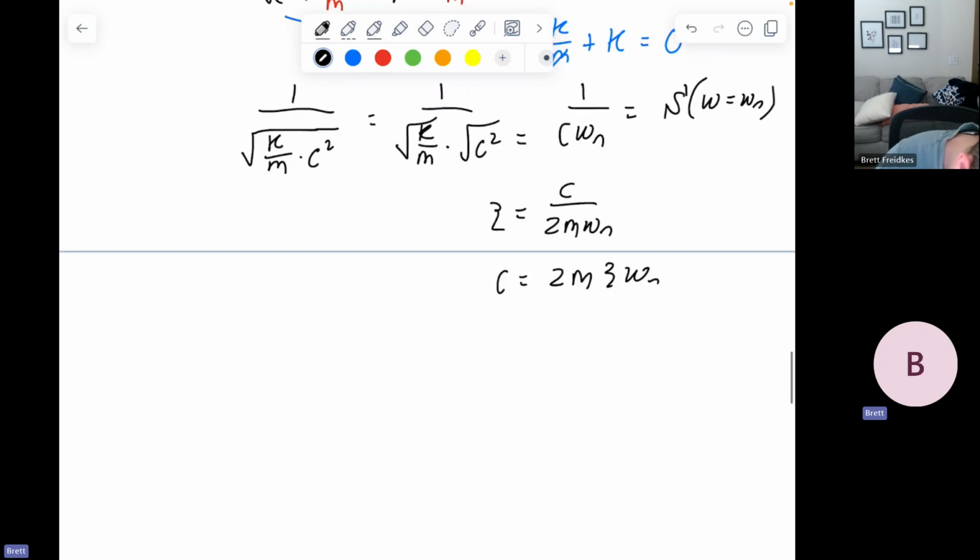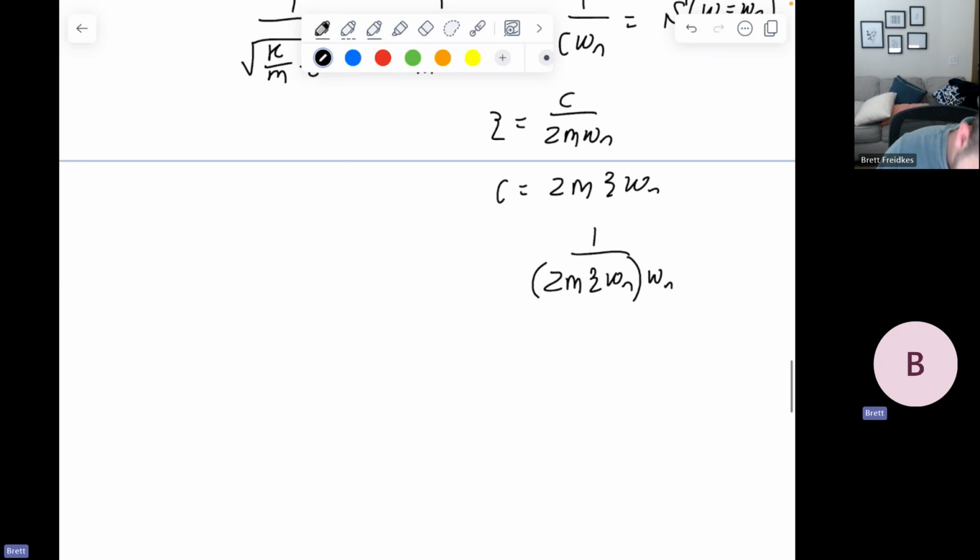So we'll go ahead and plug that in to this c right here. You will get 1 over 2m zeta omega n times omega n. So this will give us 1 over 2m zeta omega n squared.